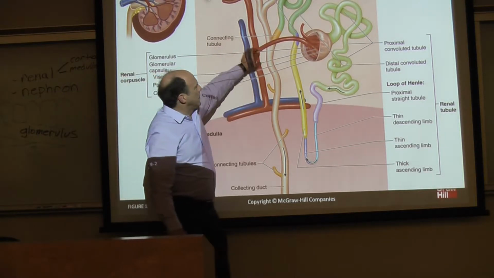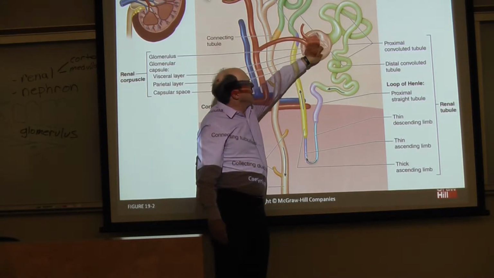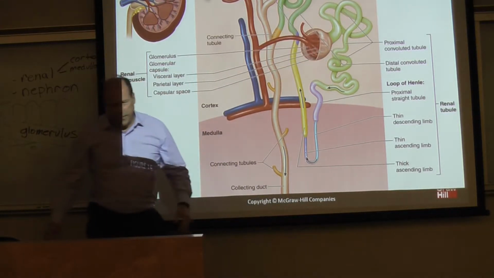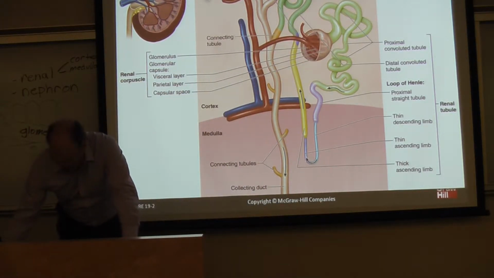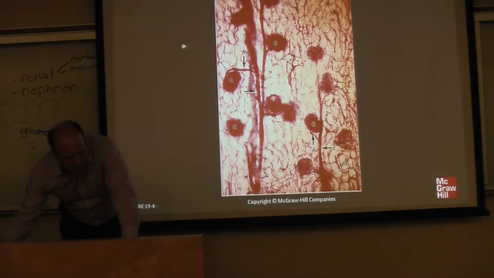So, here we've got an artery, and it's feeding, it is in this nephron in the glomerulus itself. But what does that part of the plumbing look like? And that looks like this.